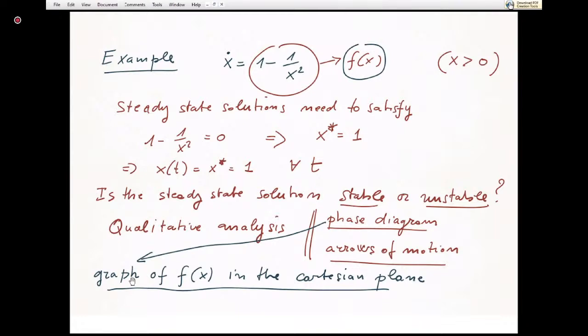So we have basically to graph f of x in the Cartesian plane. Graphing this function is not difficult. It is the interpretation which is new, because we are graphing the trend as a function of the state. This is what we are representing, drawing.